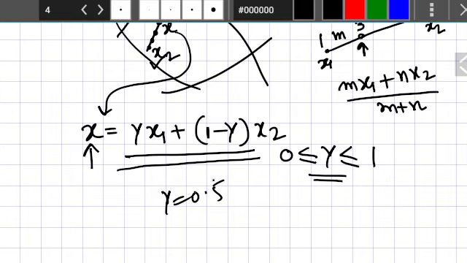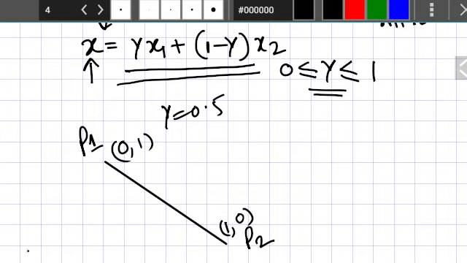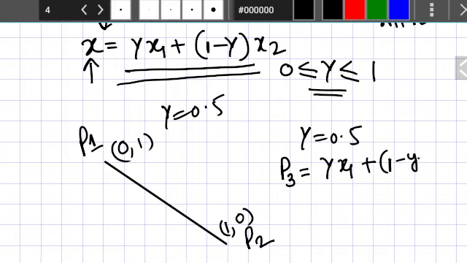You can understand this by a numerical example. For example, you have 2 points P1 and P2, and their coordinates are (0, 1) and (1, 0). Suppose we take gamma equal to 0.5. So we will get a new point, suppose we call it P3.